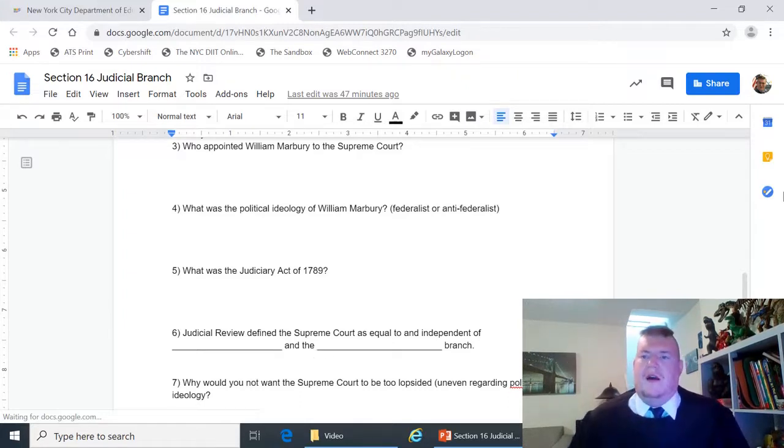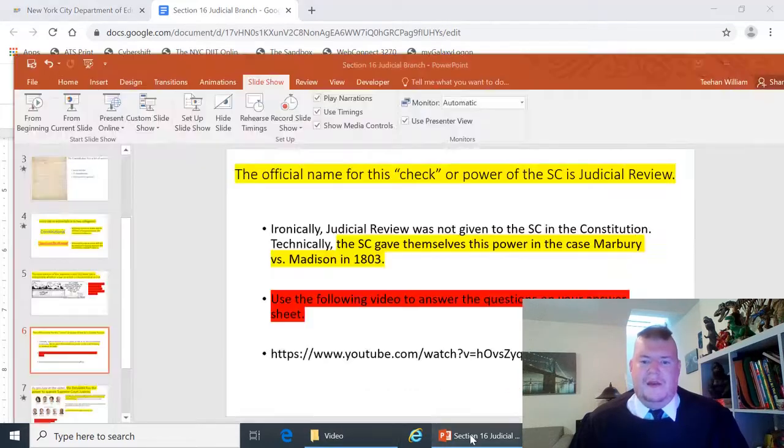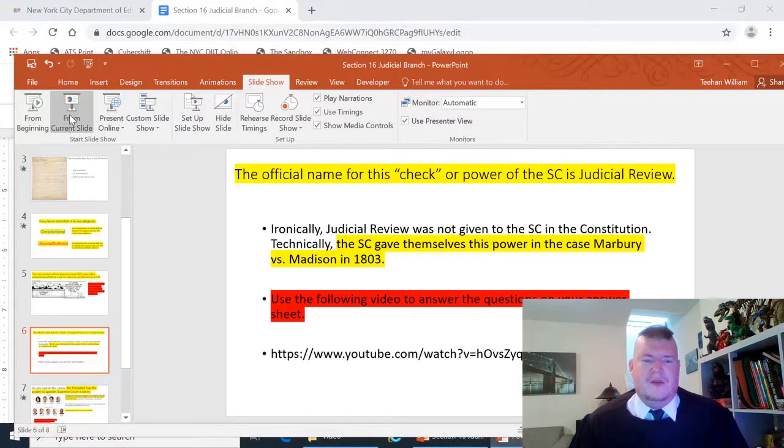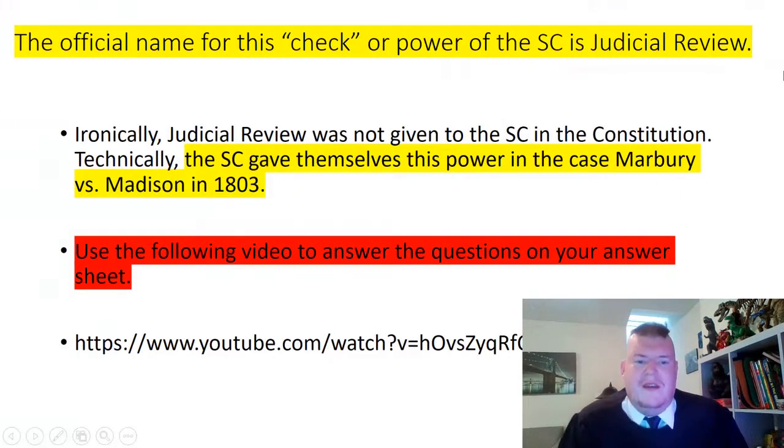Okay. So Marbury versus Madison is something that, I will be honest with you, it took me a long time to really understand what was happening in this case. Just a little side note: whenever you see a name and then a versus and then another name or a state, like Marbury versus the United States of America, Marbury versus New York, Marbury versus Madison, that is usually a court case.